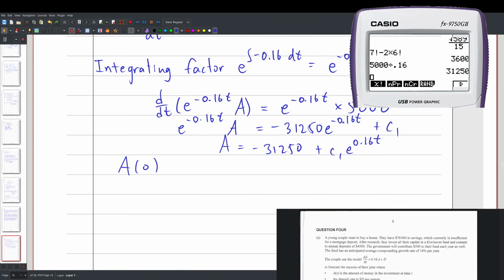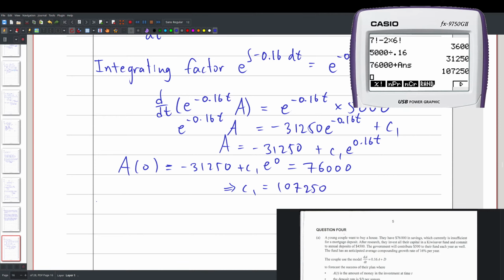Okay. A of 0 is negative 31250 plus C1 e^0 equals 76,000. That means C1 equals 107,250. So A of 10 is negative 31250 plus C1 e^(0.16 times 10), which is, wait no, positive, yep.